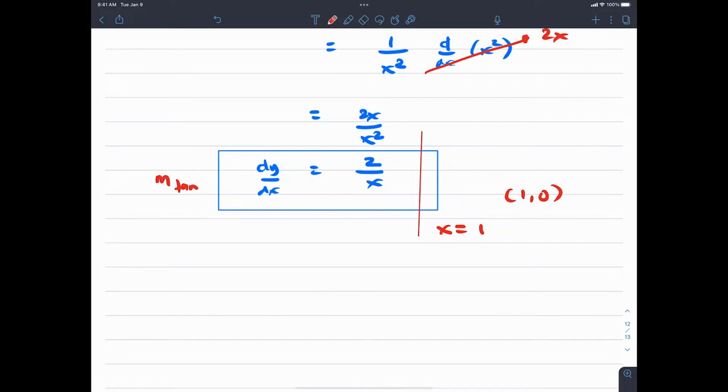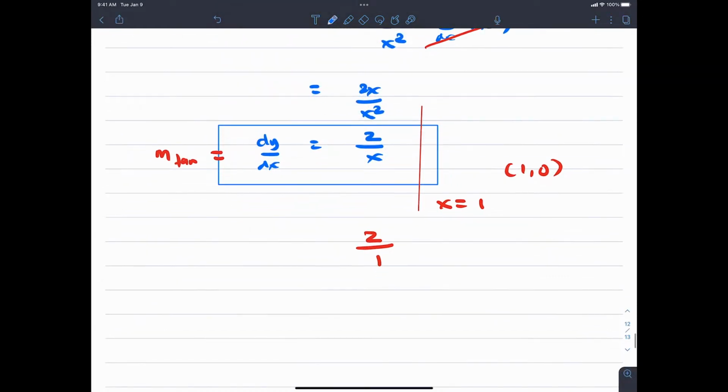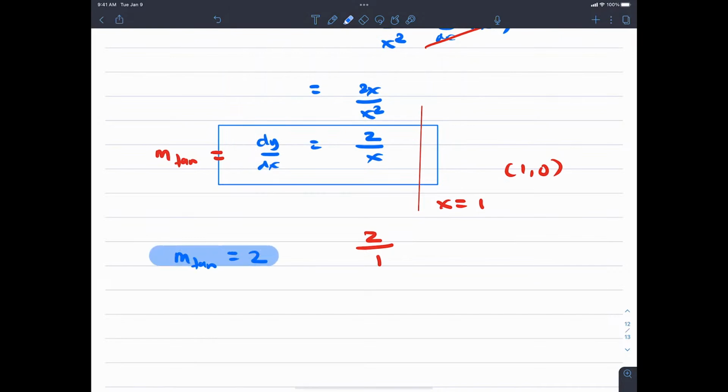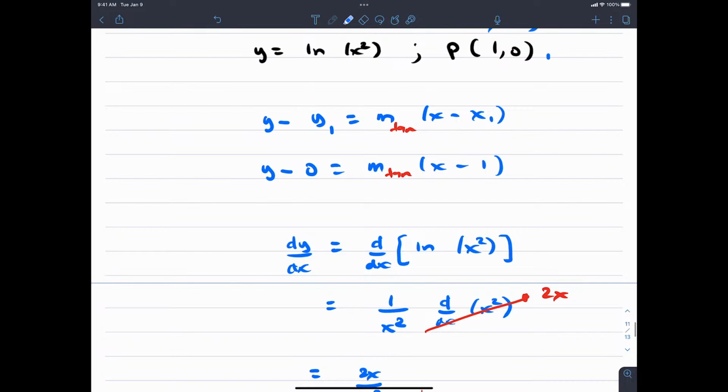So that's your m tangent, again, all the way from calculus 1. So that'll be 2 over 1, better known as what? 2. Okay, so my m tangent is the value 2. That is what goes where? Right in here.